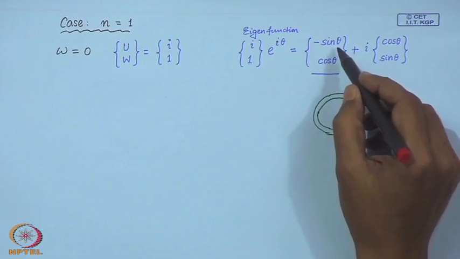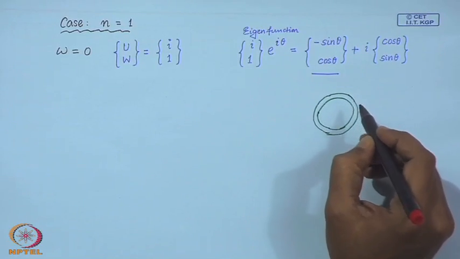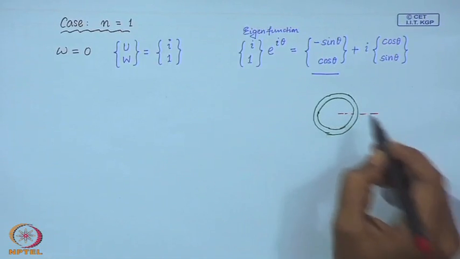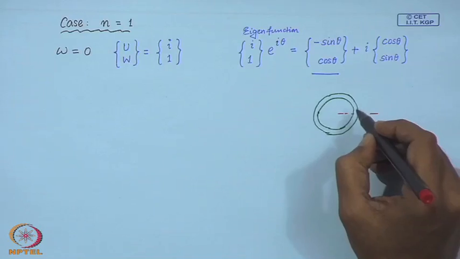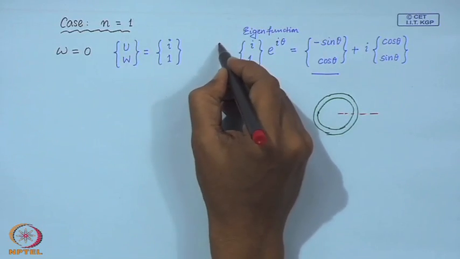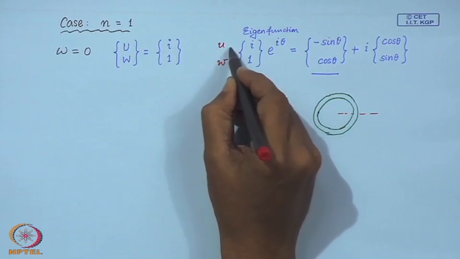Now, sin theta with a negative. So, this implies that this is theta equal to 0, this is the datum. So, this is u, this is the u motion and this is the w motion.